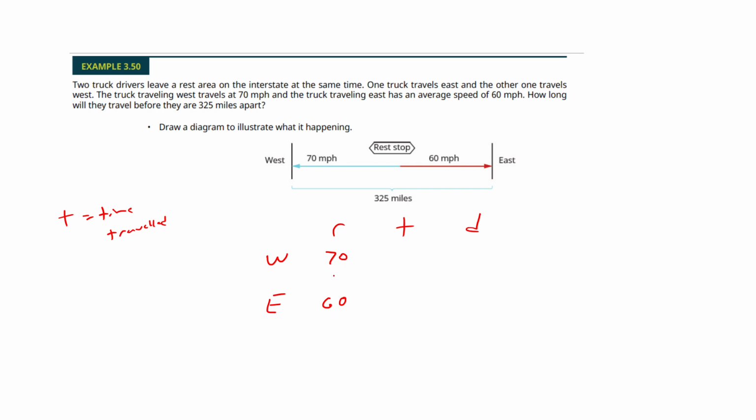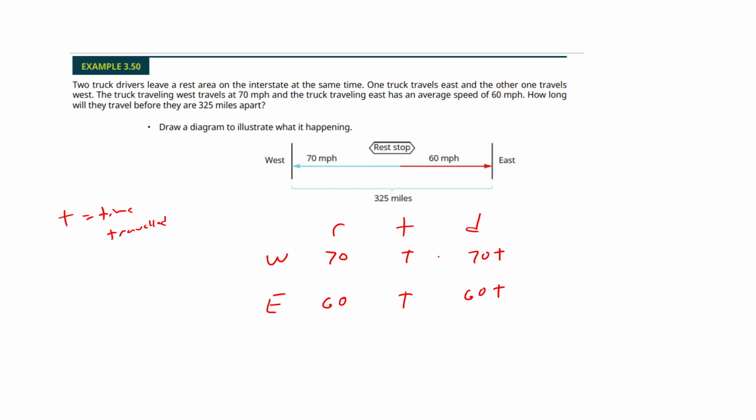Not this time. This time we have their entire speed. What's missing is we don't know their time in the car. They're both in the car the same amount of time. Now, we always fill in the distance column, and we're going to use this distance column to make our final equation.